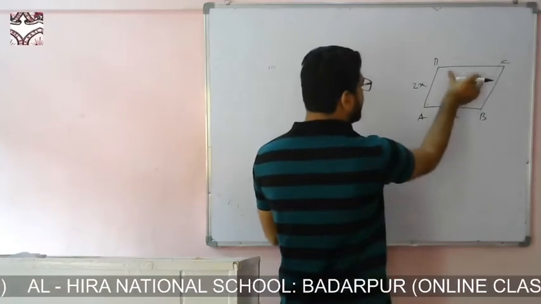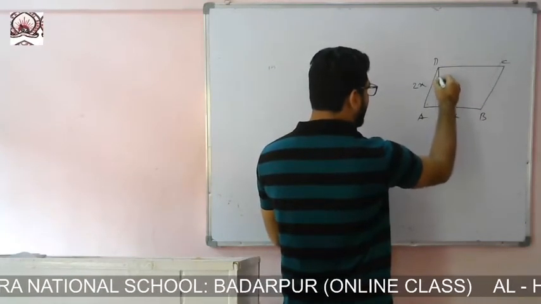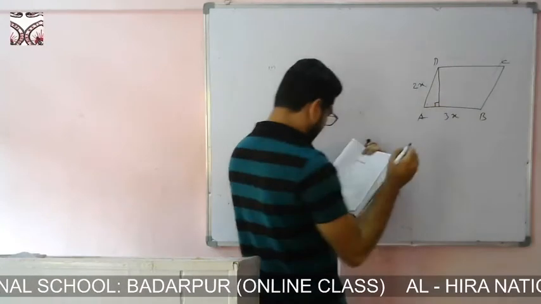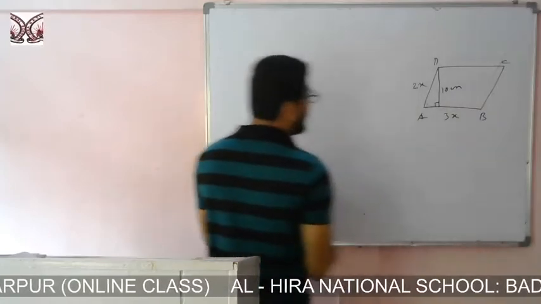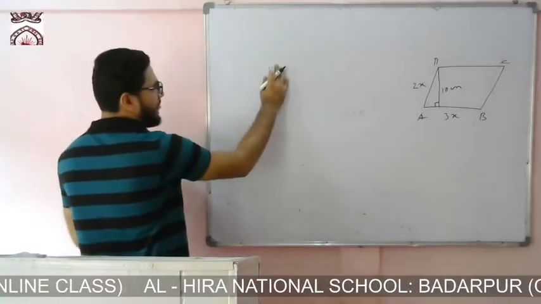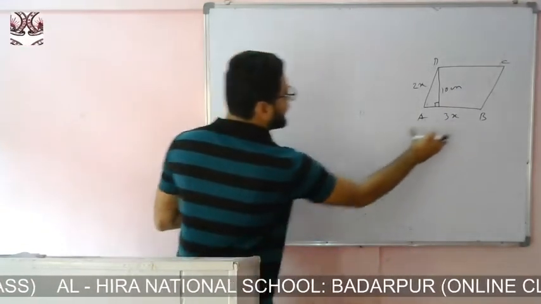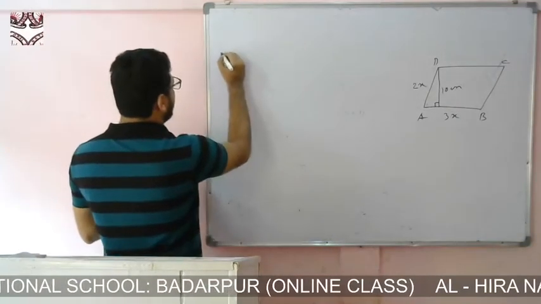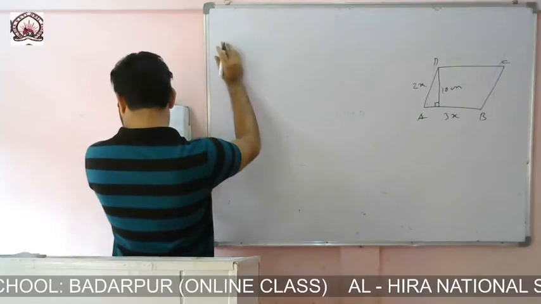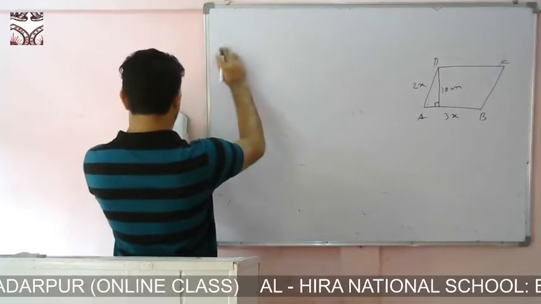So AB and CD are the larger sides, and this height is given as 10 centimeters. Now we have to find the area, and to find the area we need to know the base. So this is question number 9.